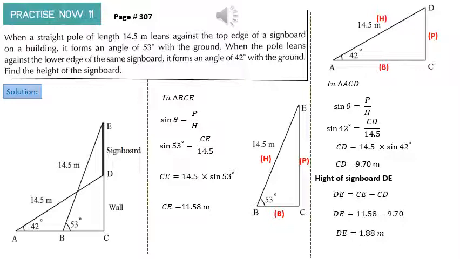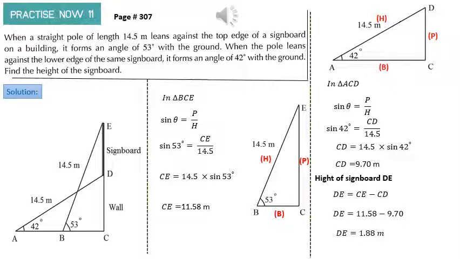Find the height of the signboard. From the information given in the question, I have drawn the diagram, in which lines AD and BE represent poles, ED represents the signboard and CE is the wall. Here we have to find the height of signboard ED.